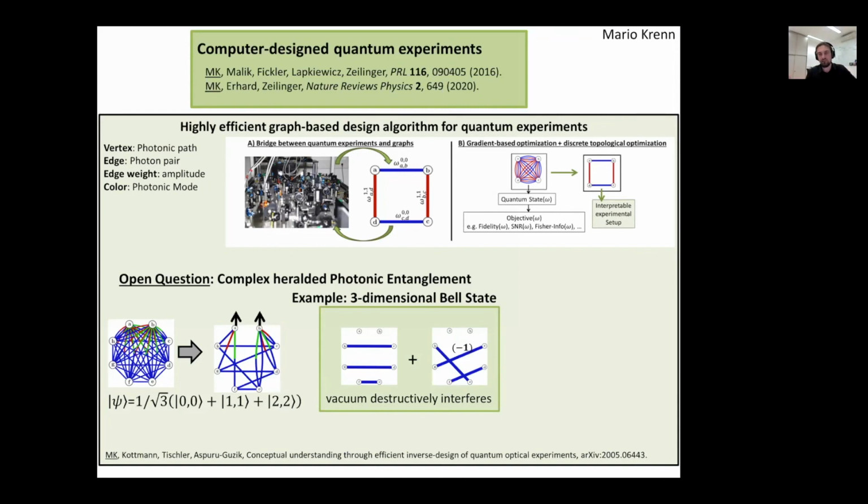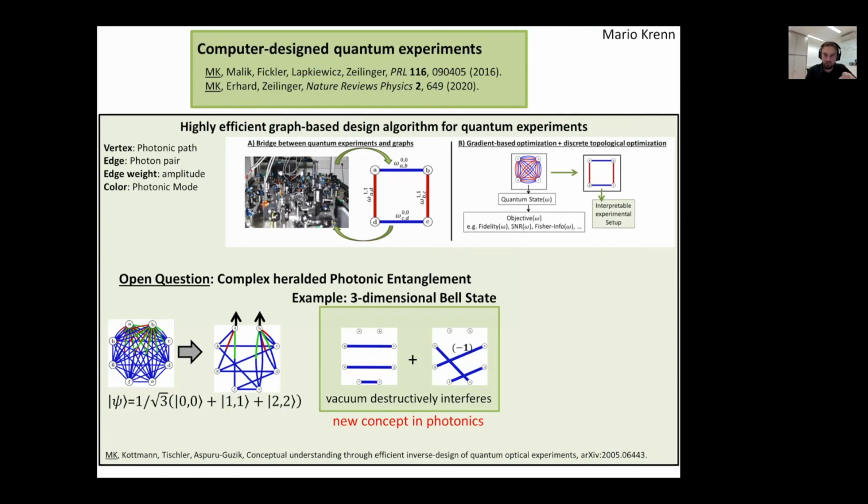And then in the quantum state, they actually canceled each other. So what the algorithm has somehow developed was the idea of destructive vacuum interference. So here you have destructive interference of this heralded vacuum contribution. And I've never seen this idea mentioned before anywhere in the literature.